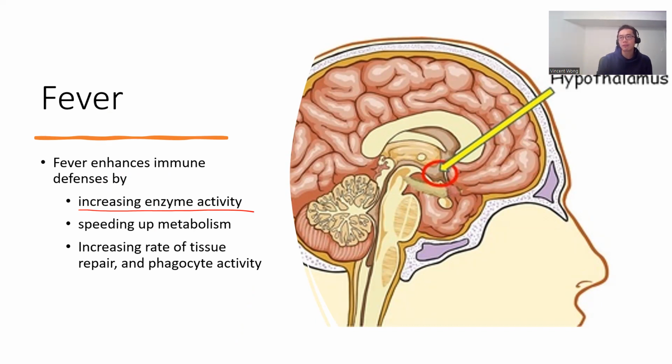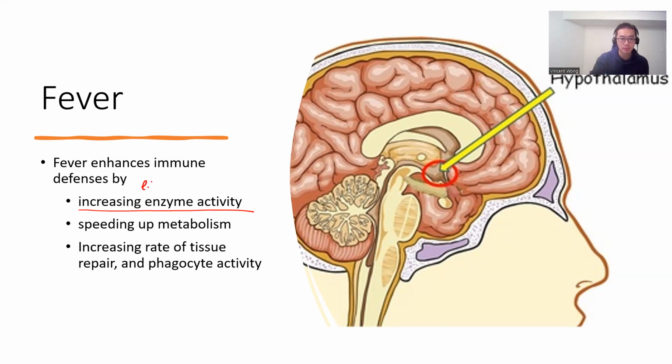And a lot of what's going on during an immune response are basically chemical reactions. Think of the complement proteins, where one thing leads to the activation of the next. Those are essentially chemical reactions. And by turning up the temperature, you can increase the reaction speed. Therefore, you can activate the complement proteins faster.